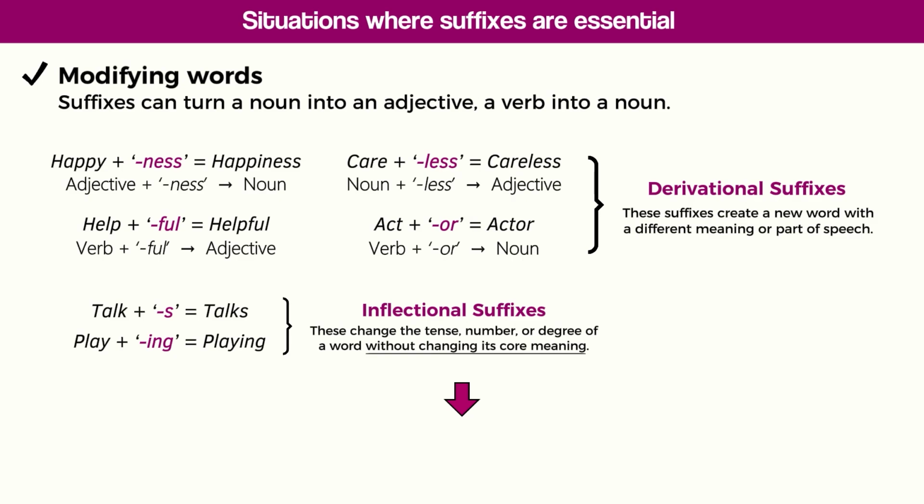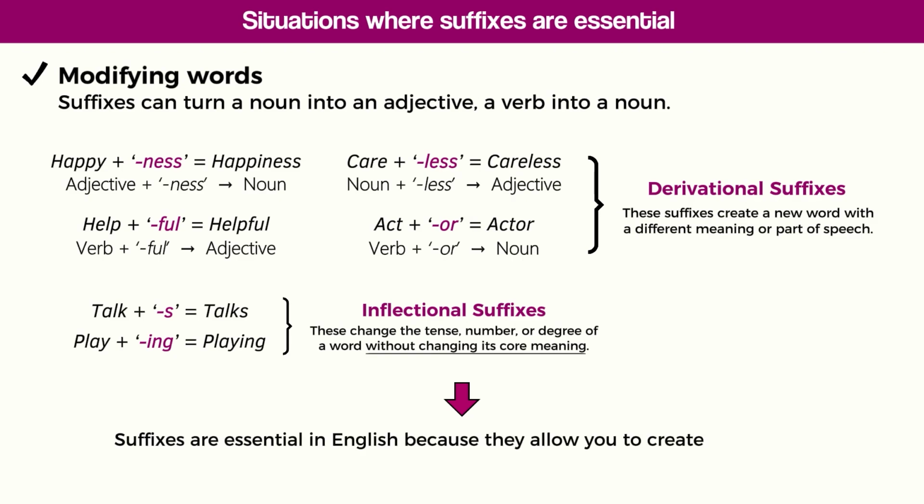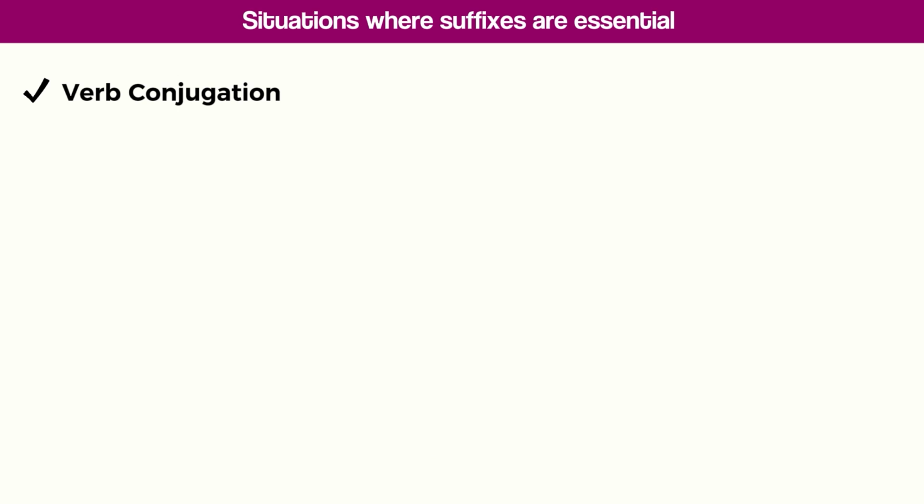Have you noticed? Suffixes are essential in English because they allow you to create new words and express ideas in different ways. Also, suffixes play a crucial role in English, helping to form verb tenses, plurals, possessives, reflexive pronouns, and comparisons. Verb conjugation.